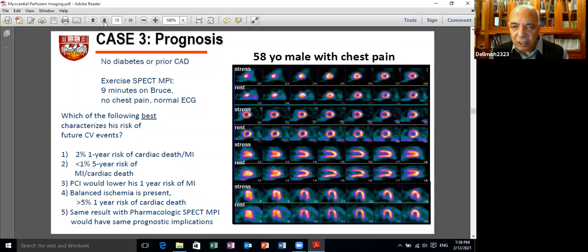So look at the pictures, and the correct answer here is actually number 2. But let's go through them one by one.